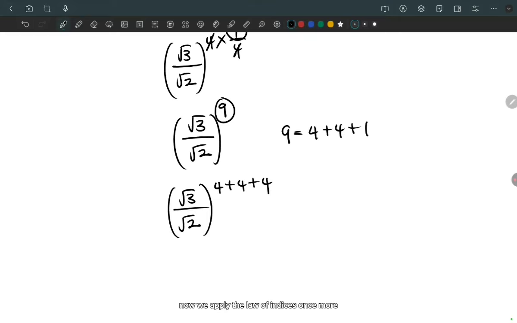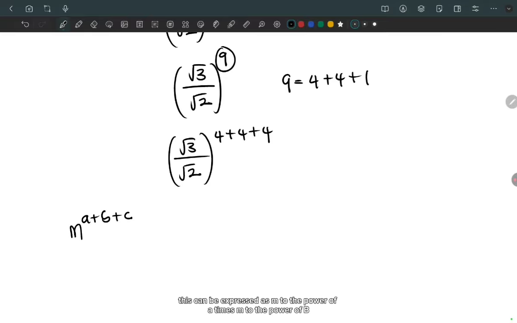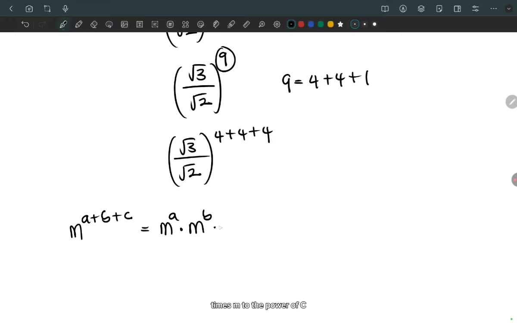Good. Now we apply the law of indices once more. For example, maybe we have m raised to the power of a plus b plus c. This can be expressed as m to the power of a times m to the power of b times m to the power of c. Oh, I made a mistake here. So here is supposed to be 1.